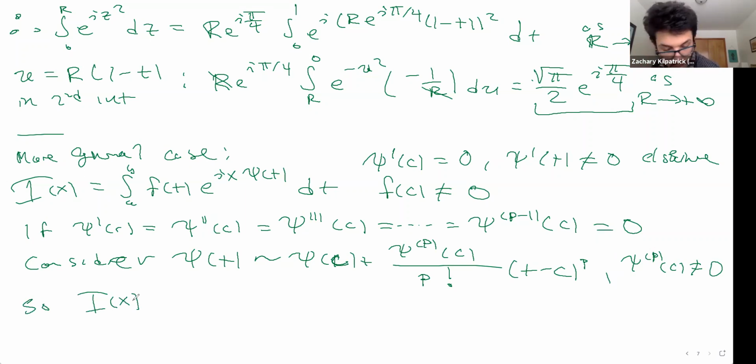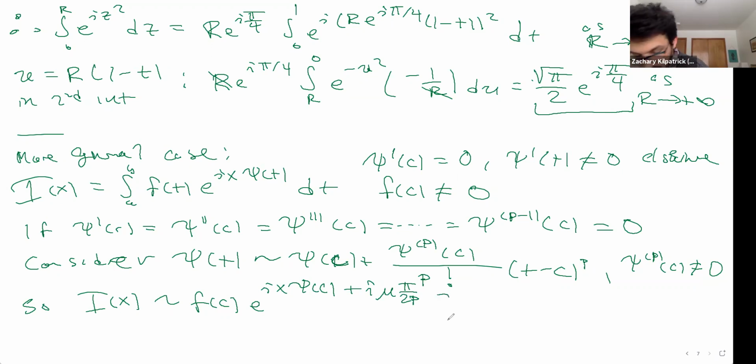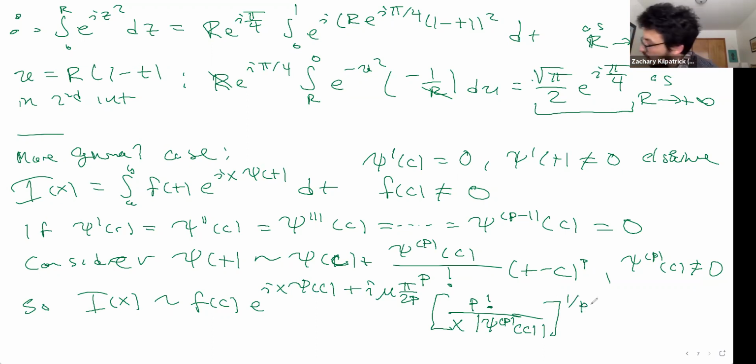In that case, our leading order term is going to be f of c e to the i x psi of c plus i mu pi over 2p, times p factorial divided by x psi p of c, to the 1 over p root there, times gamma function of 1 over p divided by p, as x goes to positive infinity.